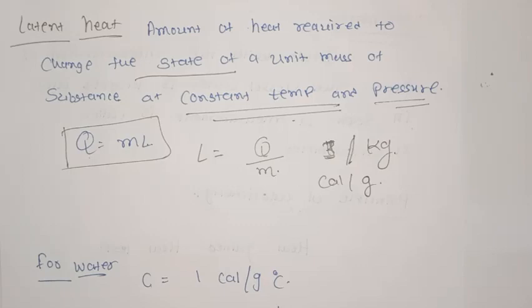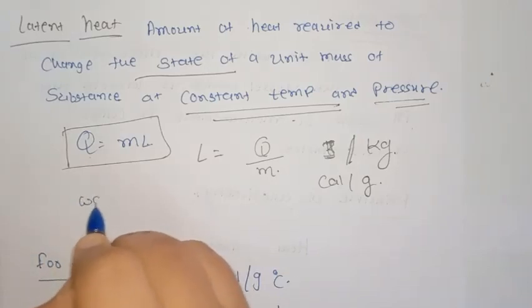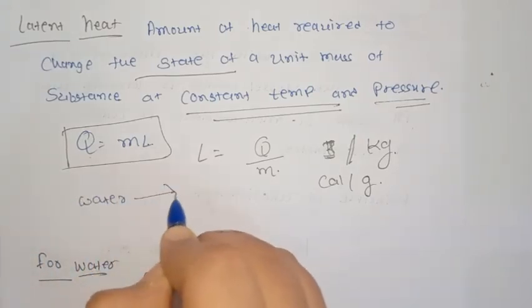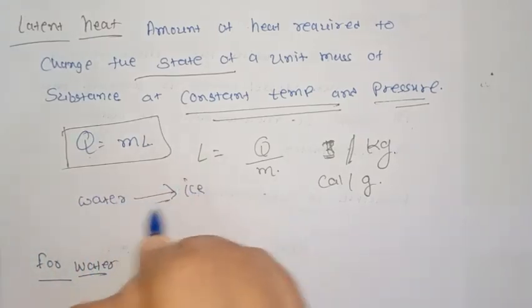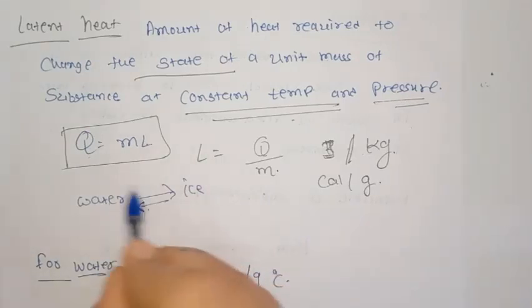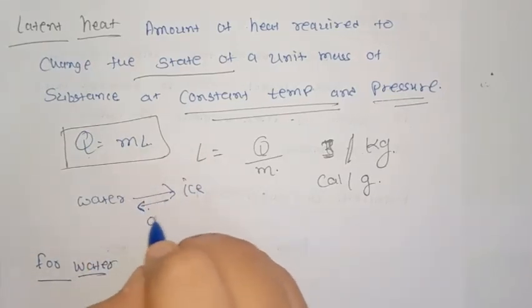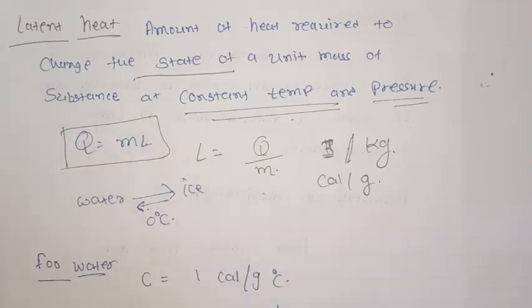The latent heat is the amount of heat required to change the phase. For example, to convert water to ice or ice to water. This conversion will always take place at 0 degrees Celsius only. When 0 degrees Celsius ice is converted into water, the temperature will not change.